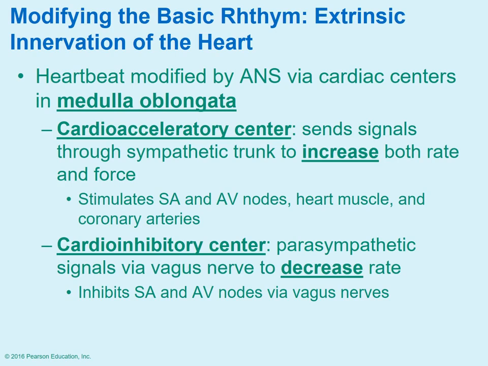Extrinsic innervation of the heart. This allows for the heartbeat to be modified by the autonomic nervous system. Usually it's going to be controlled in the medulla. The cardioacceleratory center will send signals, if the sympathetic division is turned on, to increase the heart rate and the force.